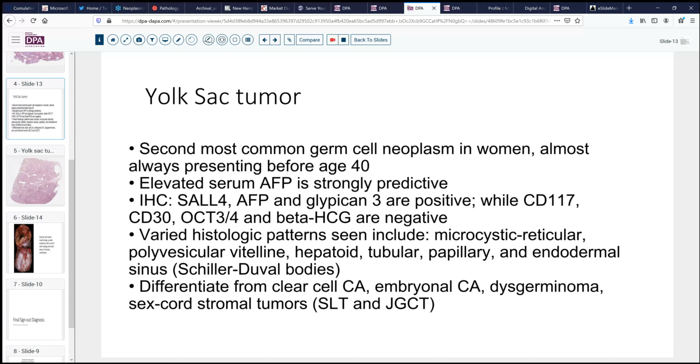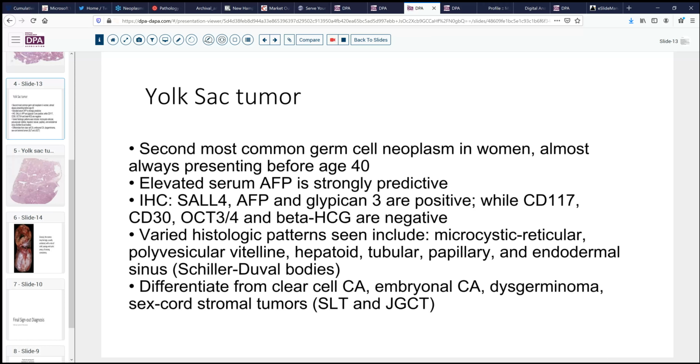Not unexpectedly, immunohistochemistry will be positive with AFP, but also can be positive with germ cell marker SALL4 and glypican-3. In contrast, markers that are seen in dysgerminoma or in choriocarcinoma or other lesions such as CD30, CD117, OCT3/4, beta HCG are all negative in this tumor.